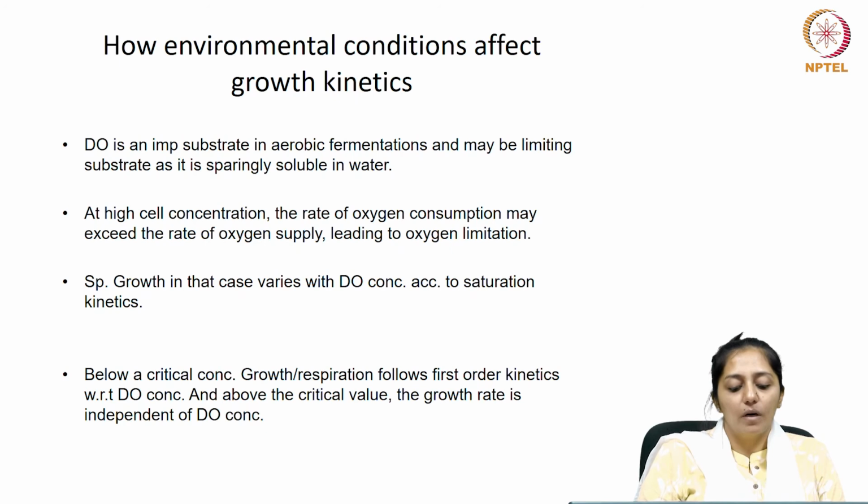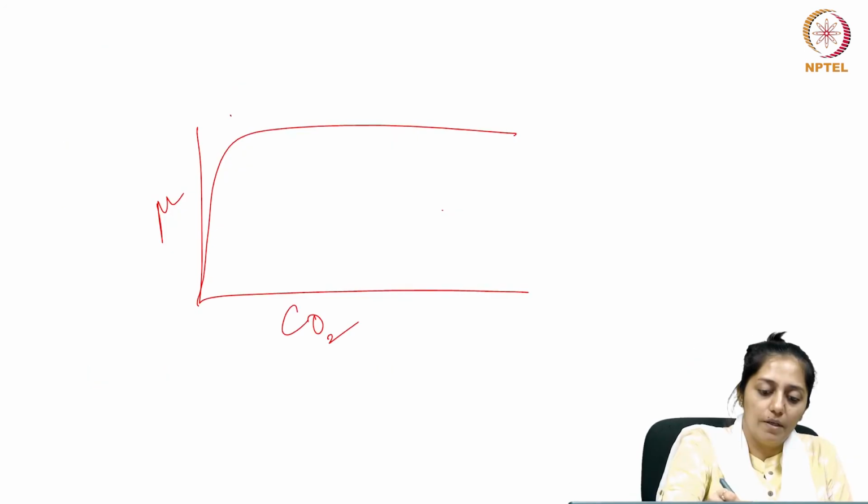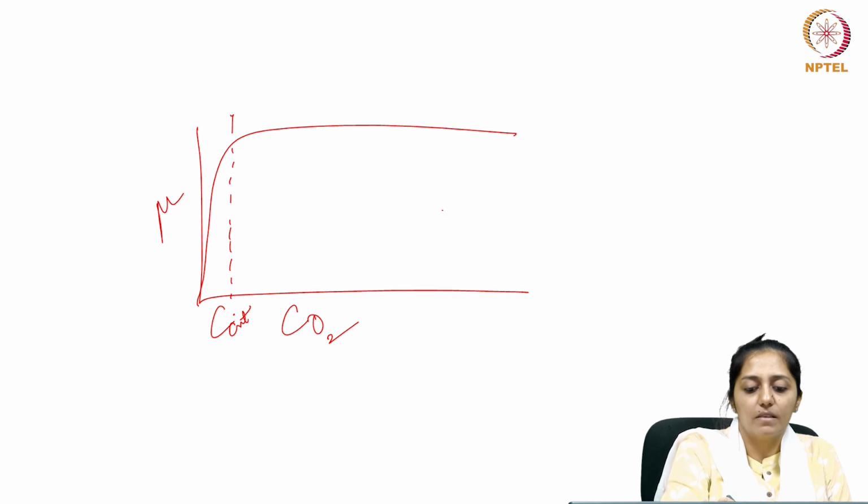Now, below a critical concentration, the growth or the respiration follows first order kinetics with respect to the dissolved oxygen concentration, and above the critical concentration, the growth rate is independent of the dissolved oxygen. So if you see the plot, your critical oxygen concentration will be somewhere here.